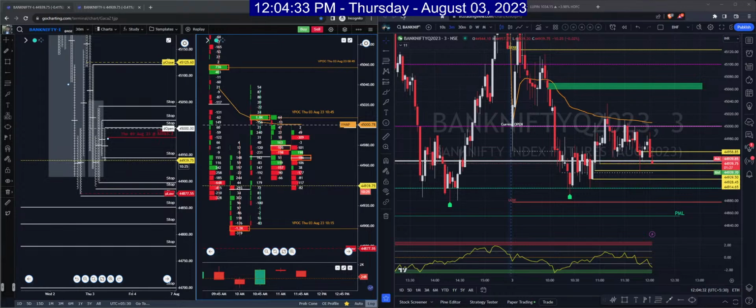Okay, supply is seen now. I hope you are seeing this, right? Okay, now is it going towards 44,900? Let's see. These are the two zones where supply will shut off, but there is liquidity present.